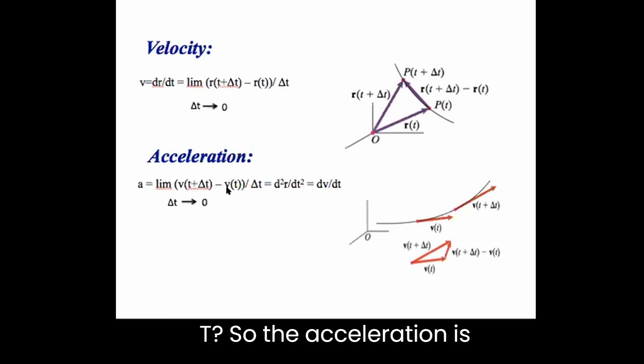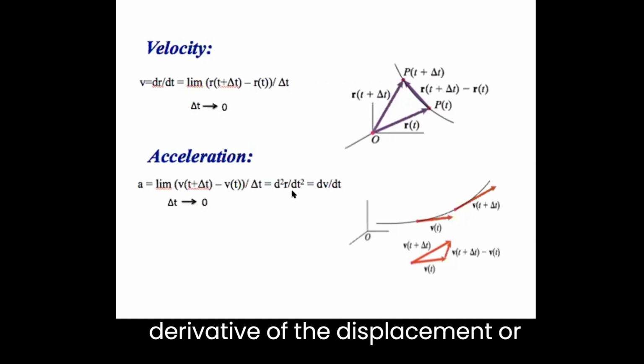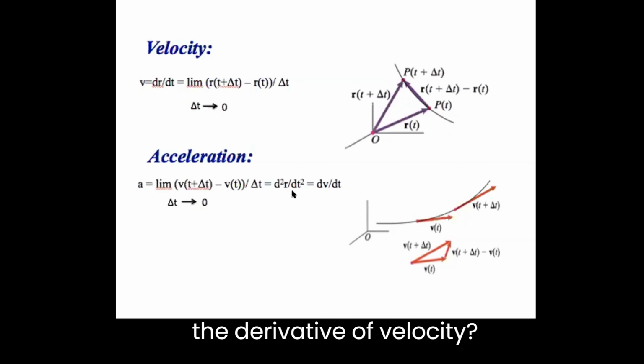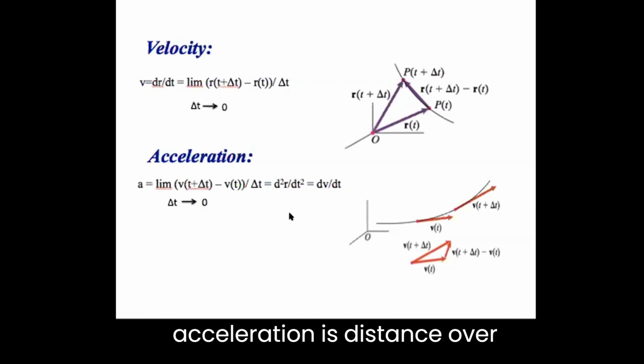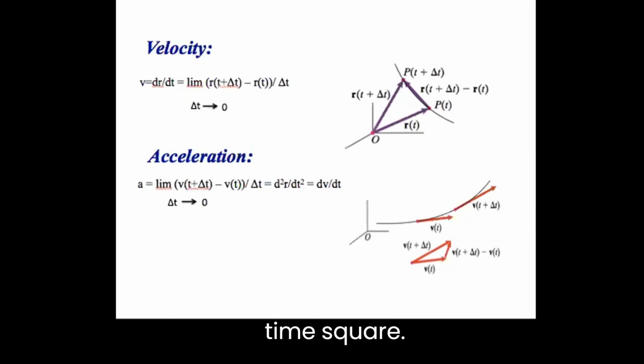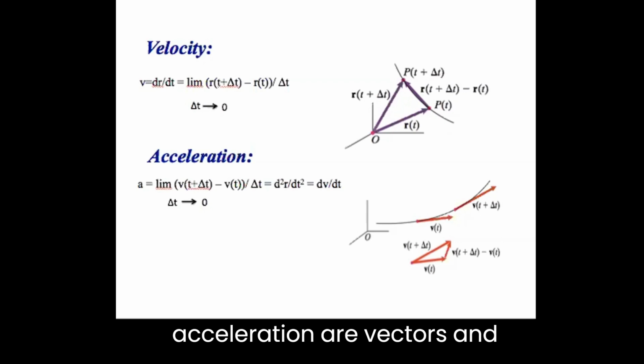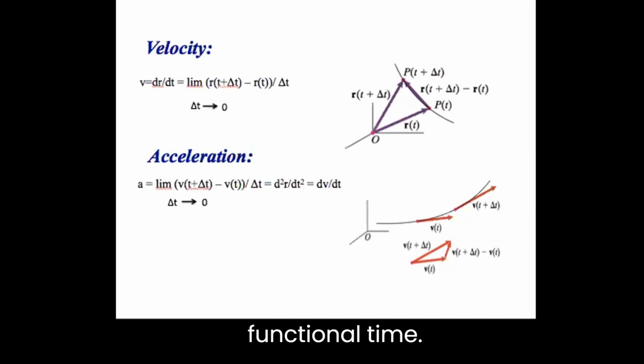So the acceleration is the rate of change of the velocity of P at time t, or the second derivative of the displacement, or the derivative of velocity with respect to t. The dimension of acceleration is distance over time squared. Note that both velocity and acceleration are vectors and functions of time.